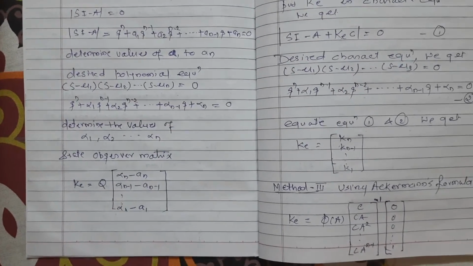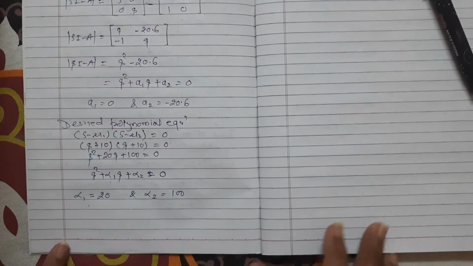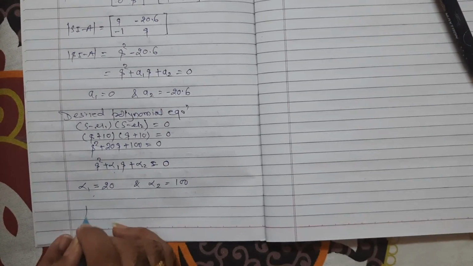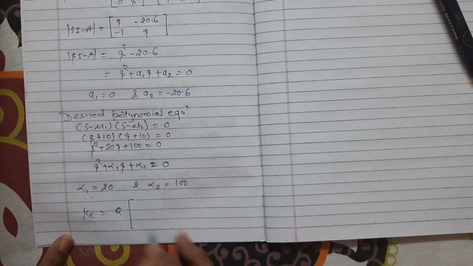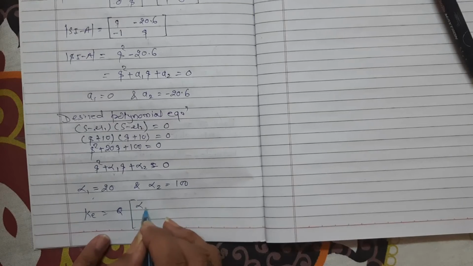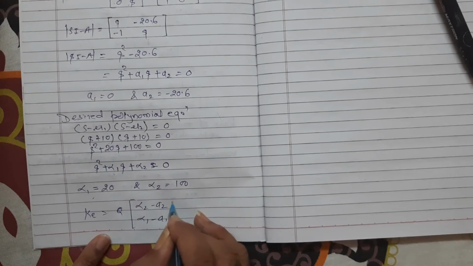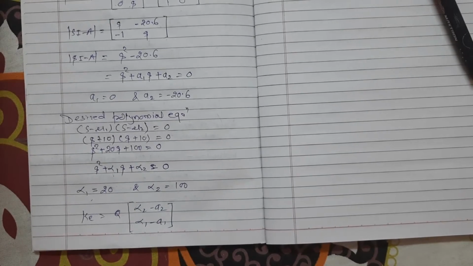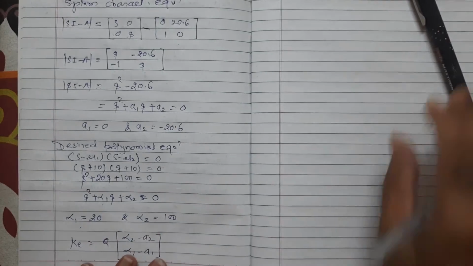Here we have two terms, so Ke equals Q multiplied by alpha2 minus a2 and alpha1 minus a1. Q is my identity matrix.